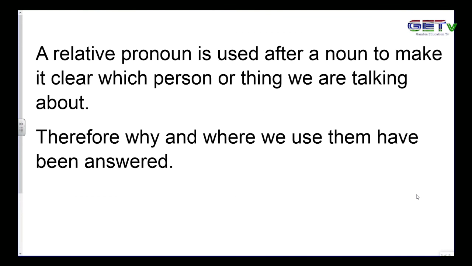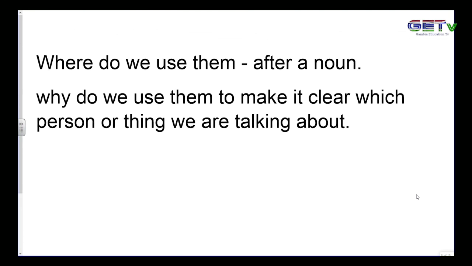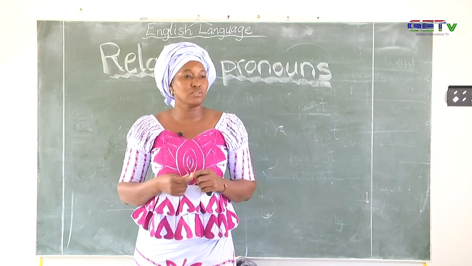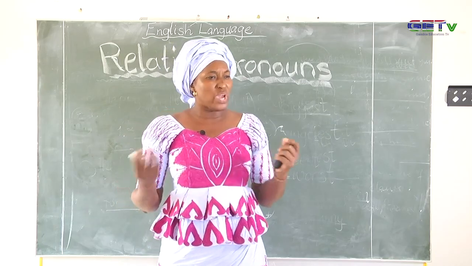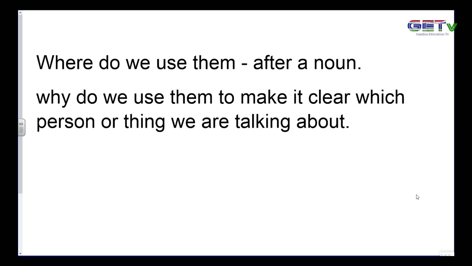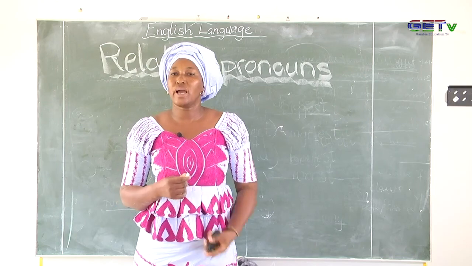Where do we use them? After a noun. And why do we use them? To make it clear which person or thing we are talking about.